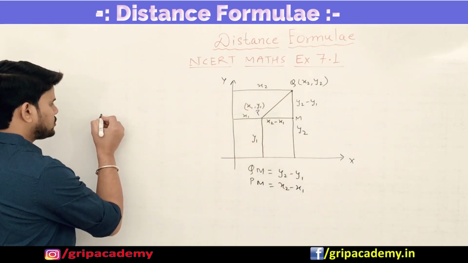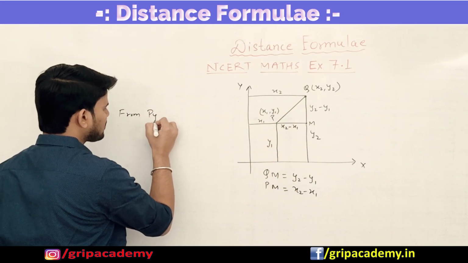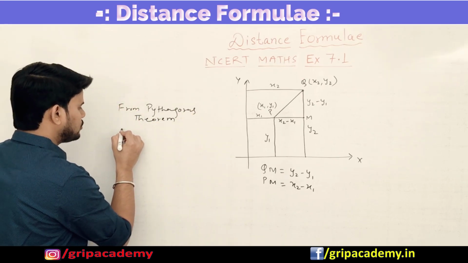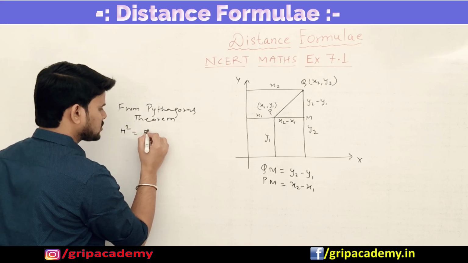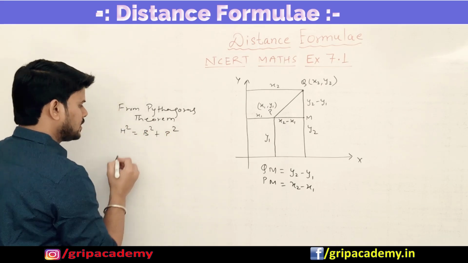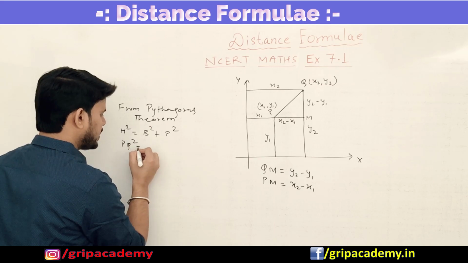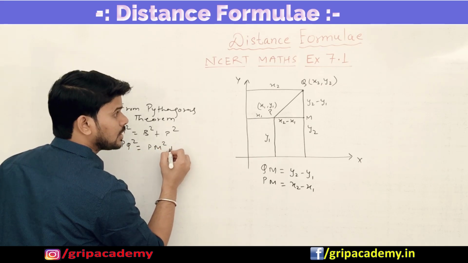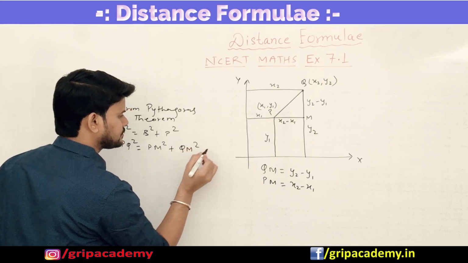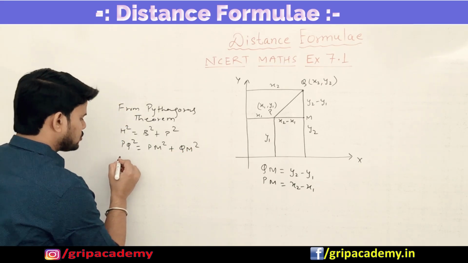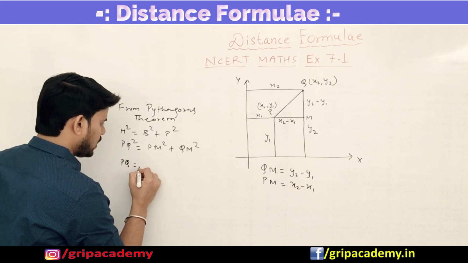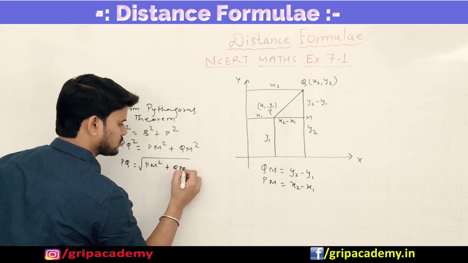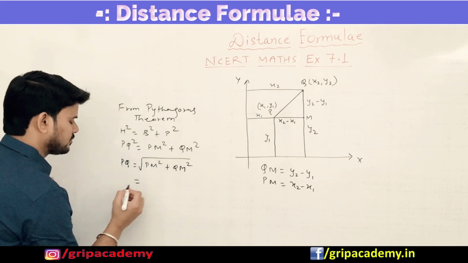So from the Pythagoras theorem, hypotenuse square equals base square plus perpendicular square, that is PQ square equals PM square plus QM square. So PQ will be equal to under root of PM square plus QM square.